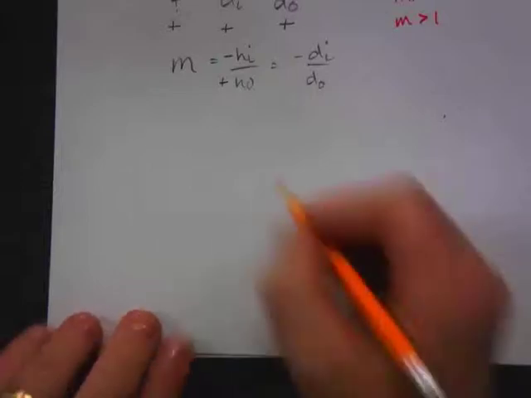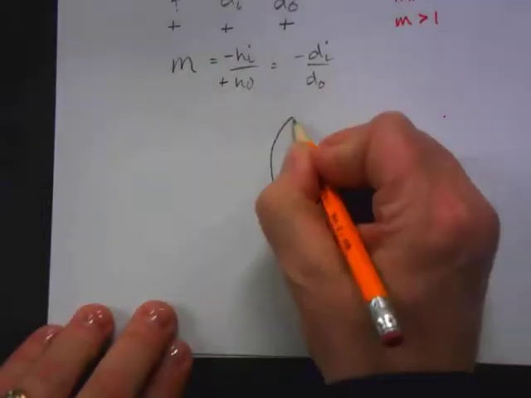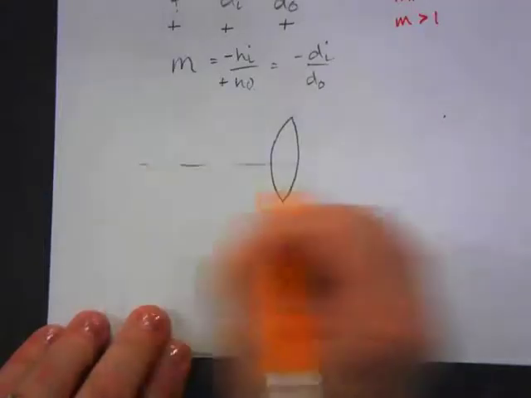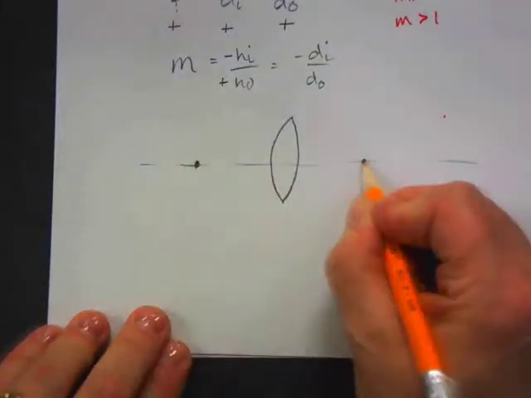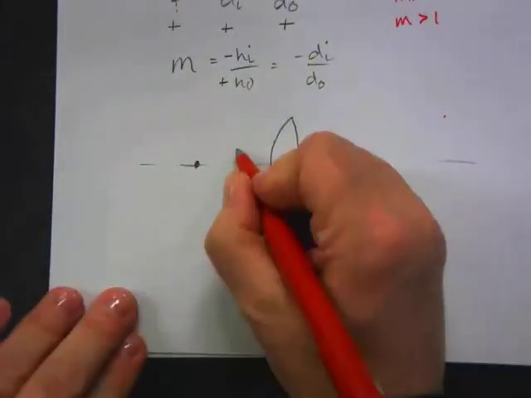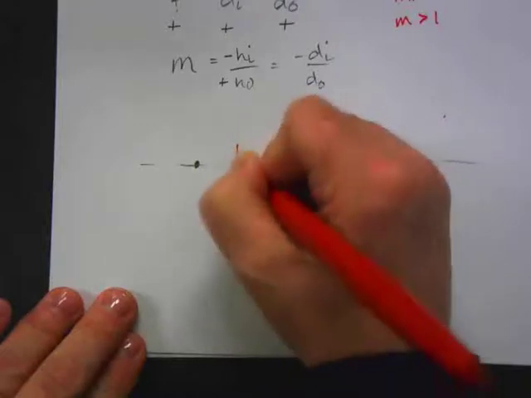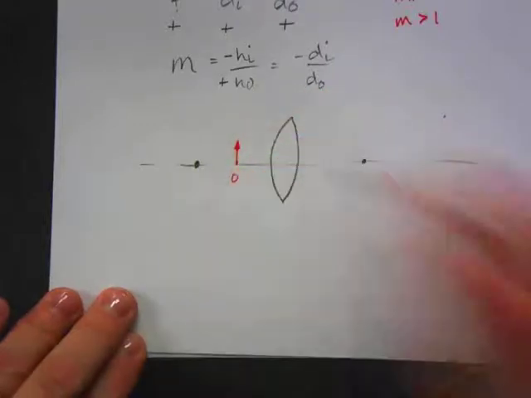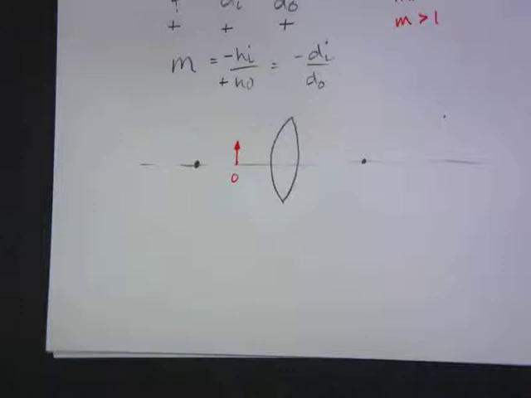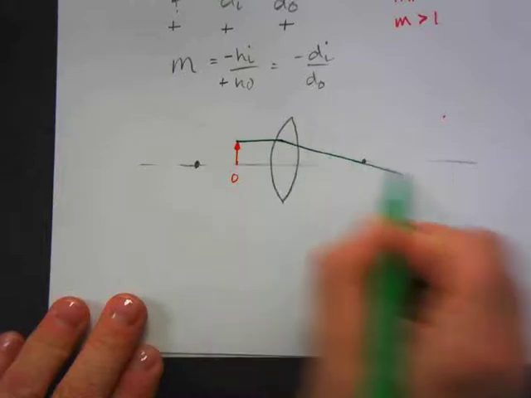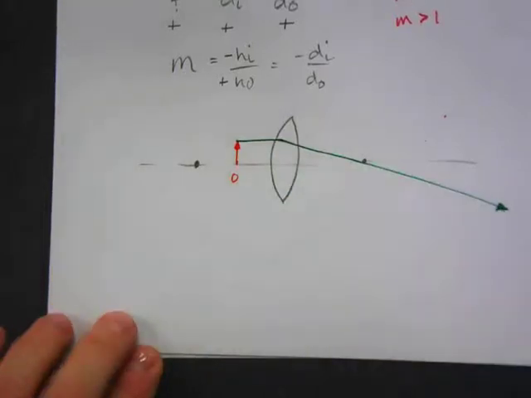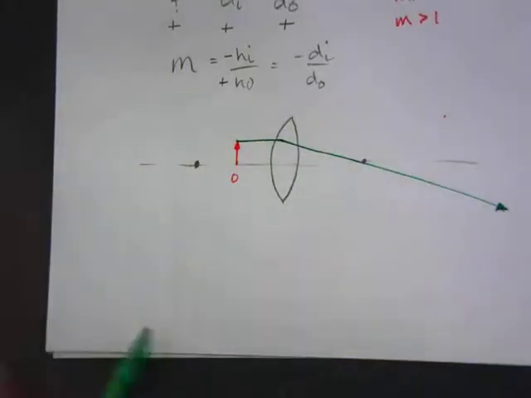All right, now let's do what Peter just suggested and move the object inside the focal point and see what happens. So it's the same lens, it's a converging lens, so it converges the light to focal points, with the object here. Same rule applies, so parallel light will exit through the focal point.